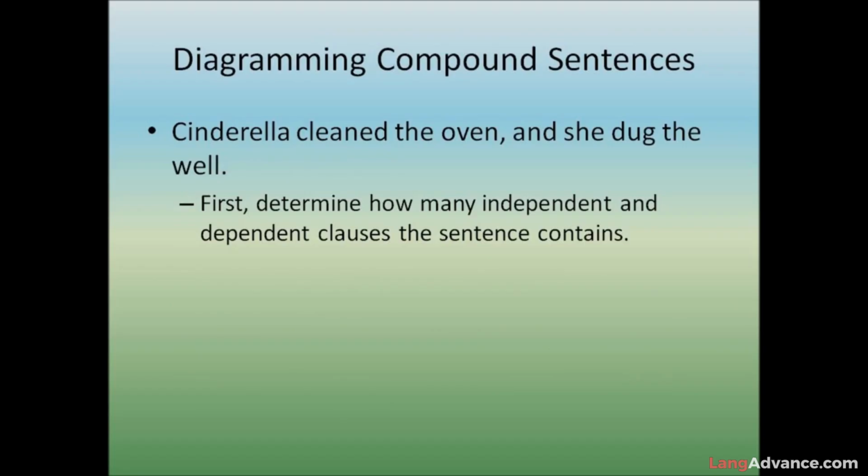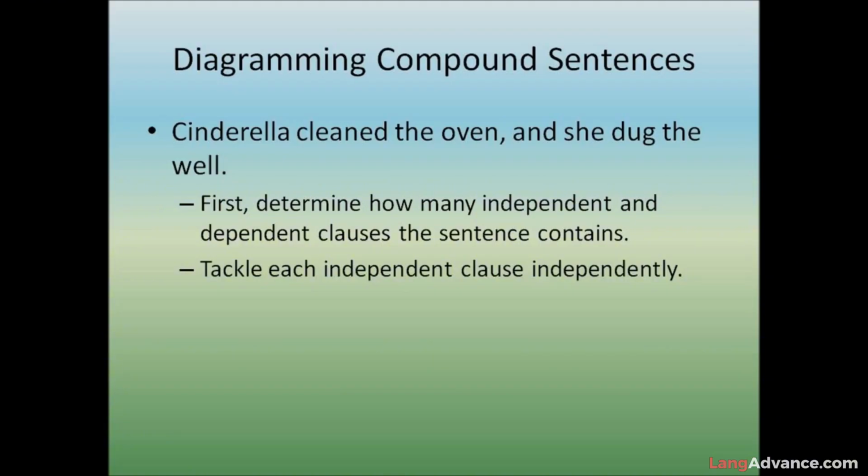To diagram a compound sentence, first we have to determine how many independent and how many dependent clauses the sentence contains. In this example, Cinderella cleaned the oven and she dug the well. There are 2 clauses, and we need to tackle each independent clause independently.